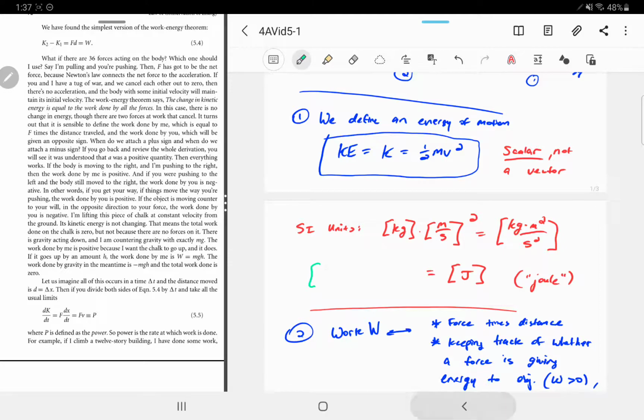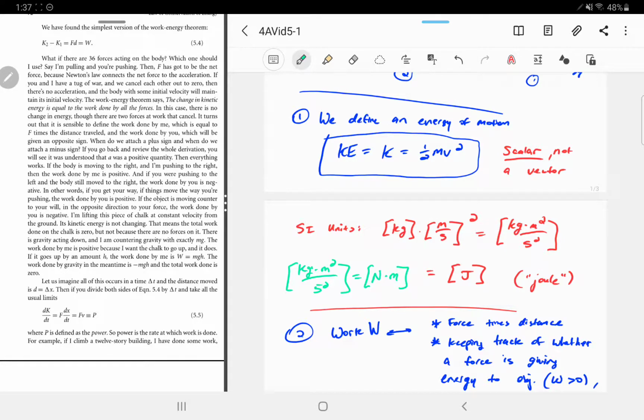So a Newton times a meter, so I'm just rewriting what we had before, kilogram meter squared per second squared. A kilogram times a meter divided by second squared is a Newton. So we still have a factor of meters left over.